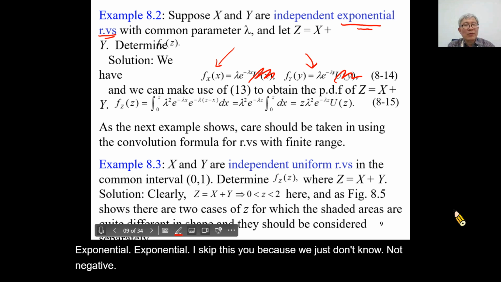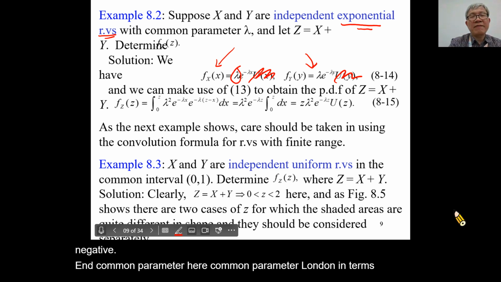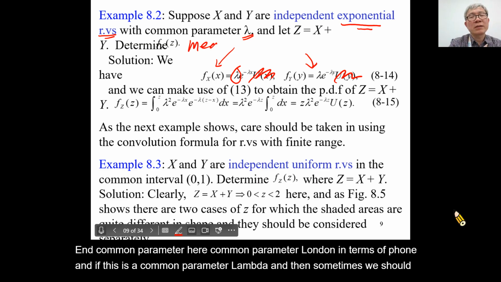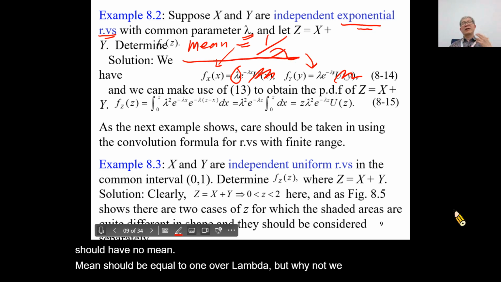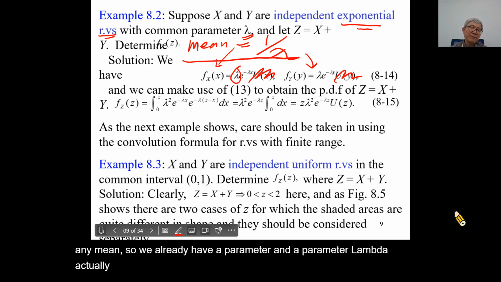And the common parameter here is lambda. If this is a common parameter lambda, then sometimes we should know the mean. The mean should be equal to 1 over lambda. But right now we don't mention any mean, so the parameter lambda is just in the form here.